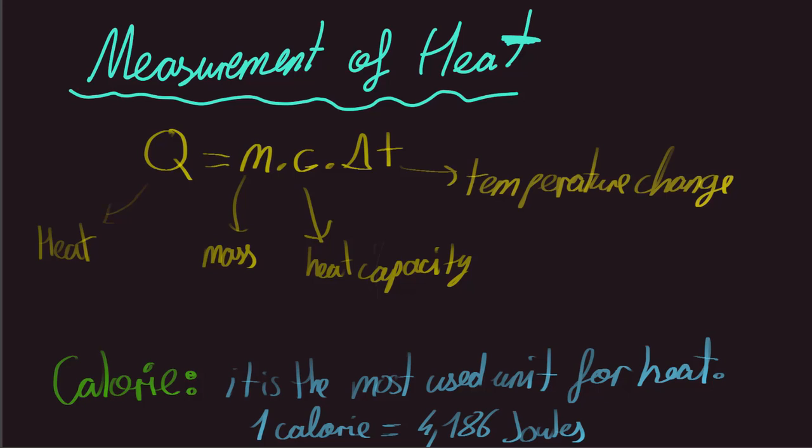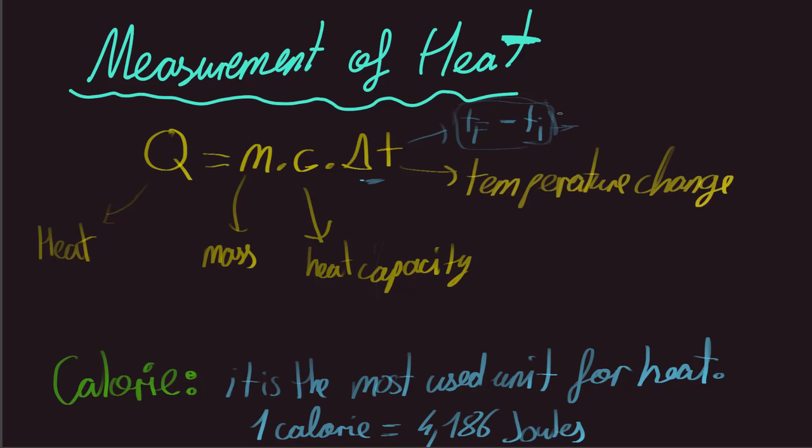So, basically, in this formula, heat is equal to mass times heat capacity times temperature change. The change in temperature is temperature final minus temperature initial.